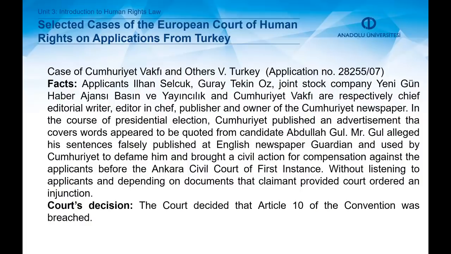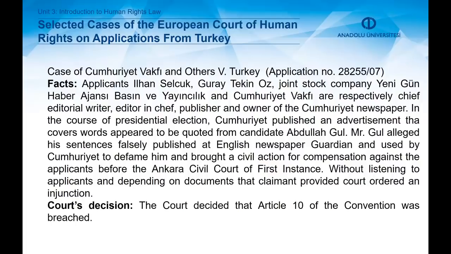In the course of the presidential election, Cumhuriyet published an advertisement. The cover's words appeared to be quoted from candidate Abdullah Gül. Mr. Gül alleged the sentences were falsely published in the English newspaper Guardian and used by Cumhuriyet to defame him, and brought a civil action for compensation against the applicants before the Ankara Civil Court of First Instance.